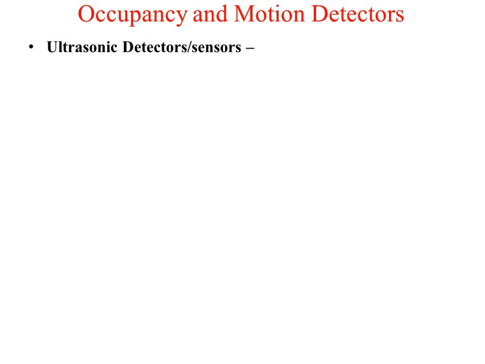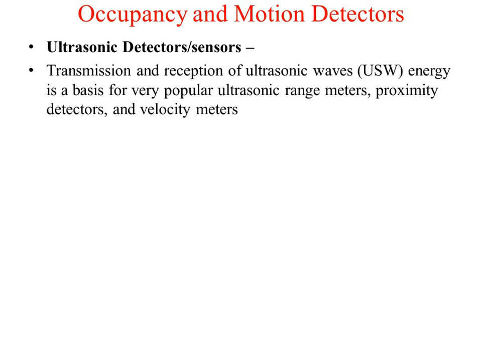So our focus will be on ultrasonic, microwave and optoelectronic devices or sensors. First we will be focusing on ultrasonic detectors and sensors: transmission and reception of ultrasonic waves. Most of the time it is called USW.